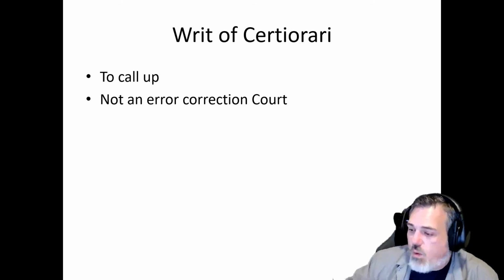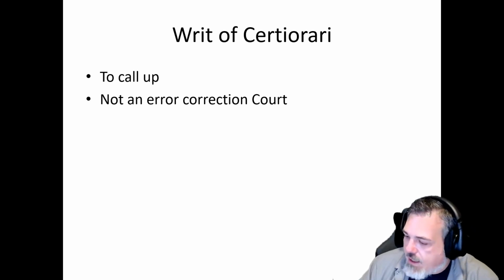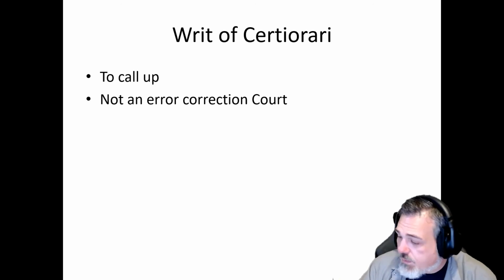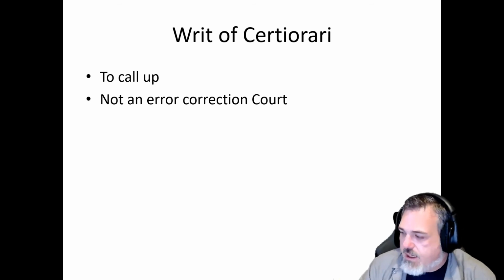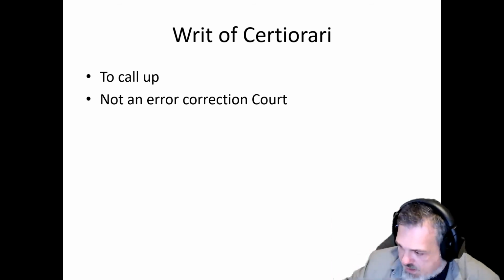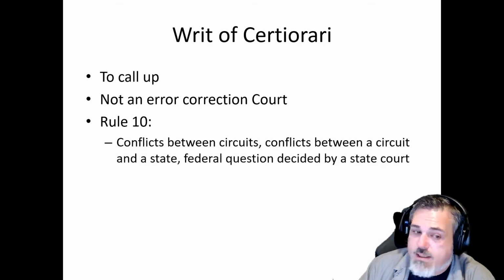But if just one person in the U.S. has had a law misapplied to them, the Supreme Court's not going to hear that. The Supreme Court doesn't exist to correct individualized errors. It looks at the judiciary and the justice system in a much more holistic and broad sense.